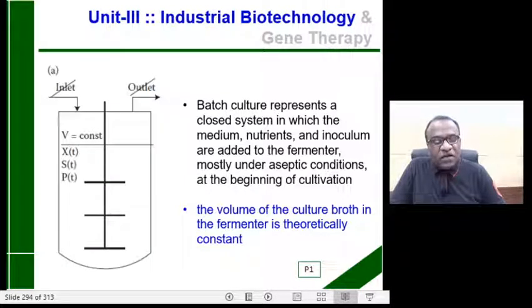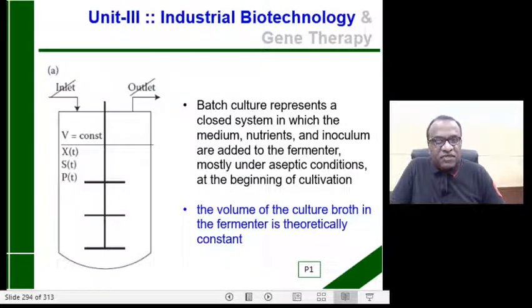Typically, at the beginning of batch cultivation, a known number of viable cells are inoculated into the fermenter that is already filled with sterilized medium containing all the essential nutrients. So that is what is said.